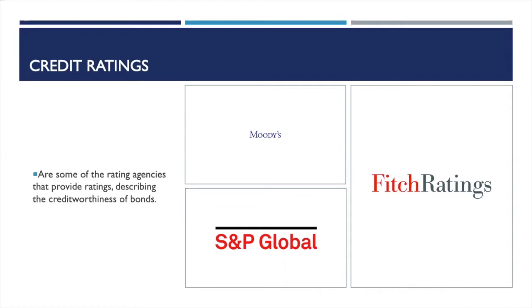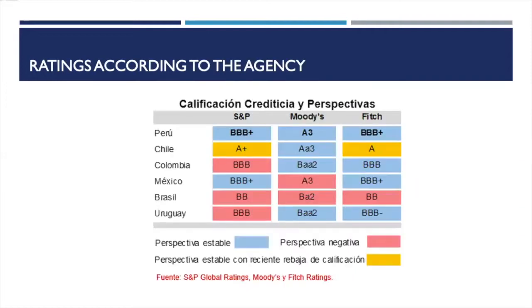For example, the best qualification that Moody's can give is AAA, and the best qualification that S&P or Fitch can give to a company is AAA also, but Moody's has some divisions in a rating category that are also shown as A1, A2, and A3.